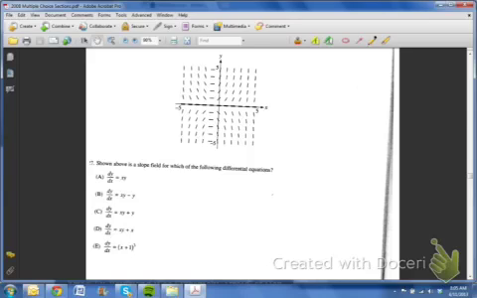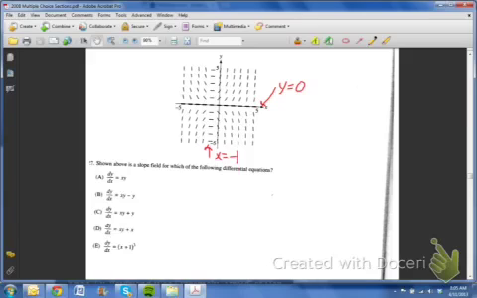So I can see on this graph that the slopes are 0 if x is -1, and they're also 0 if y is 0. So then I look at my answer choices and see which of these that would apply to.